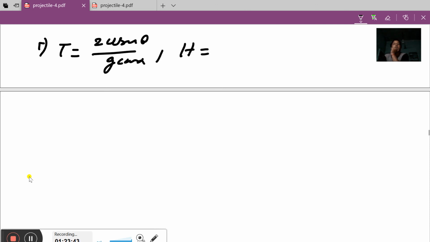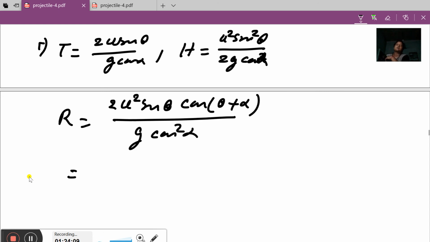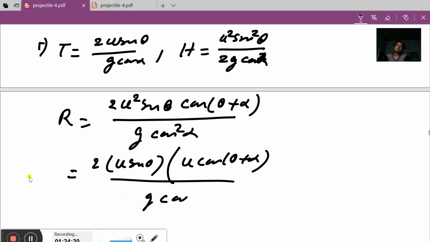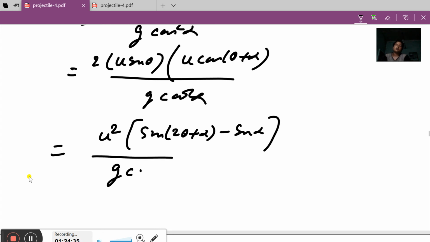Greatest height is u square sin square theta over 2g cos alpha, and range is 2u square sin theta cos theta plus alpha divided by g cos square alpha, or 2u sin theta u cos theta plus alpha over g cos square alpha, or u square sin 2 theta plus alpha minus sin alpha over g cos square alpha.